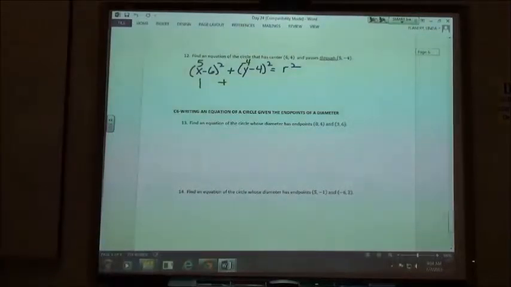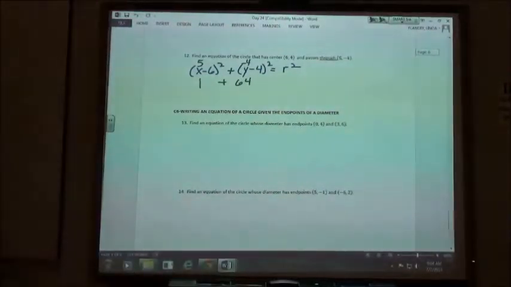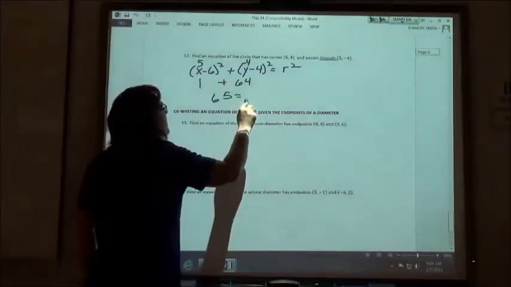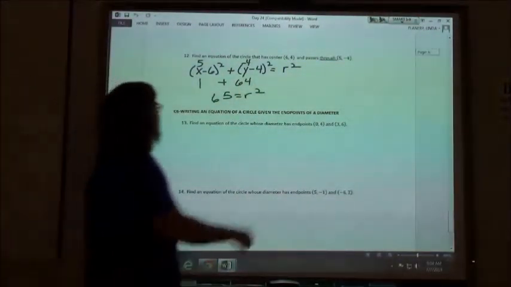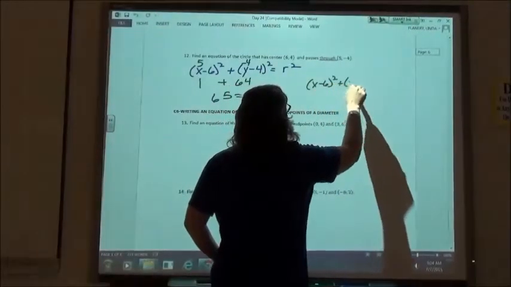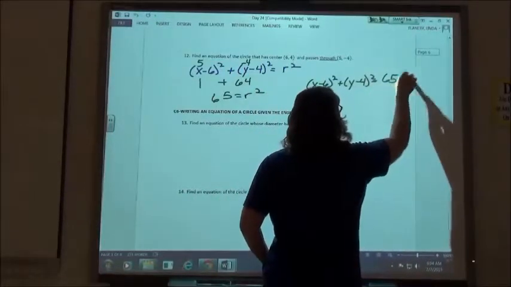So -8 squared would give me 64, right? So 1 plus 64 gives us 65 for the value of r². So our equation, (x - 6)² + (y - 4)² = 65.